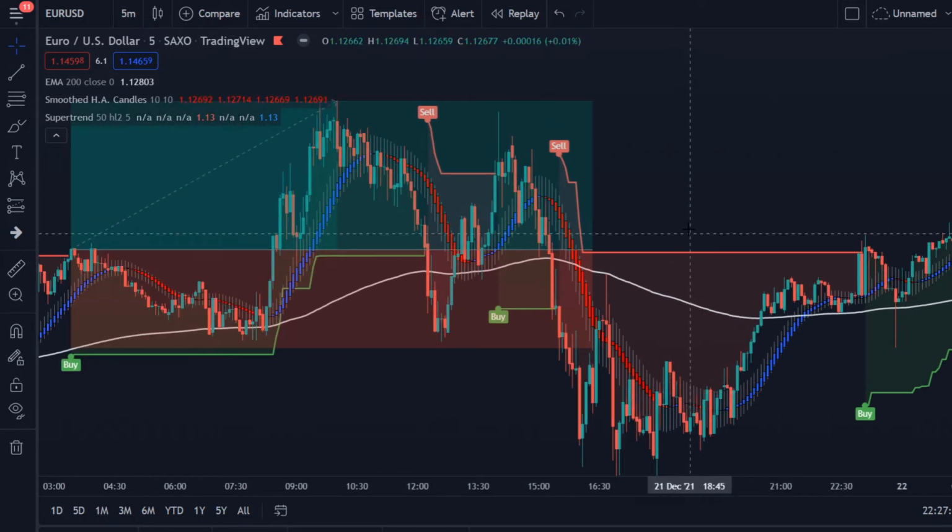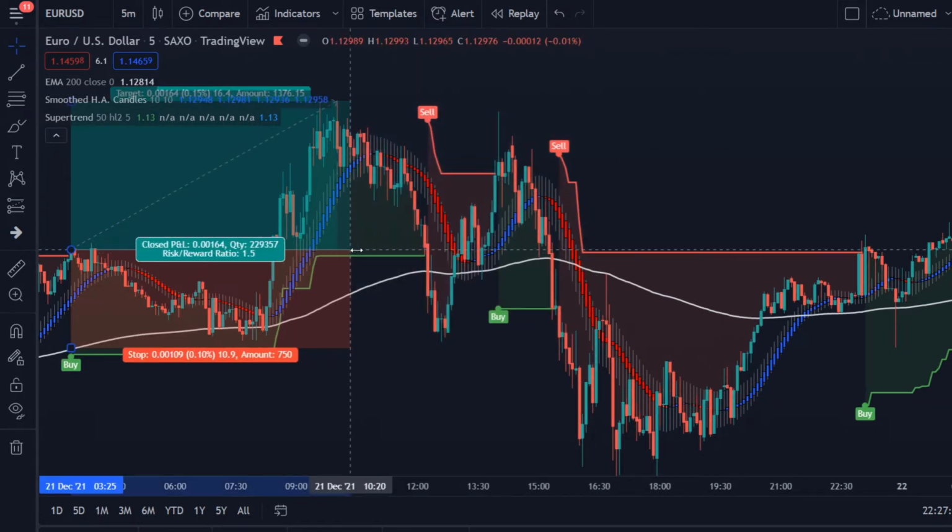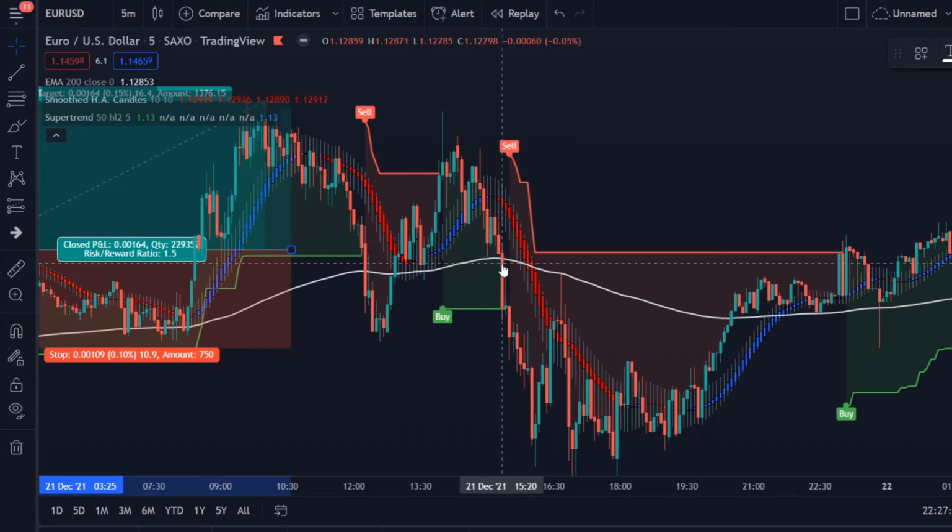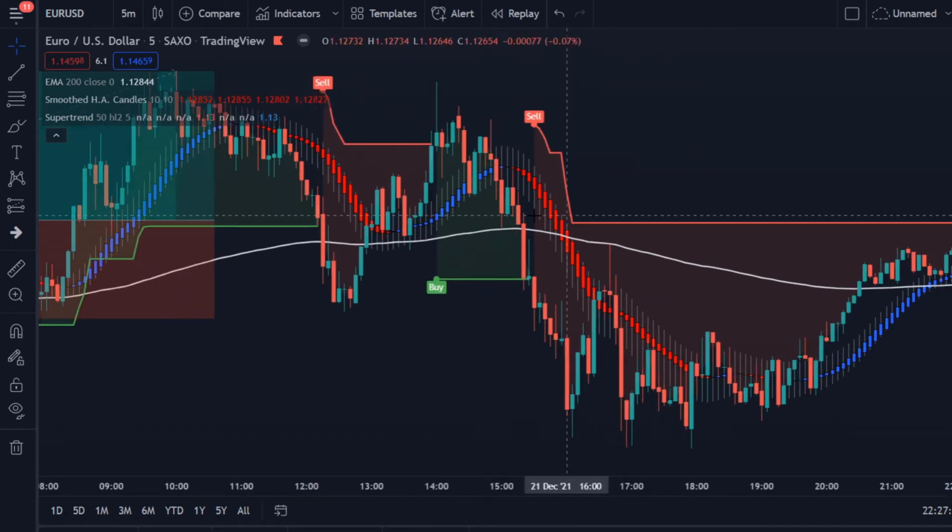Let me show you an example of a sell trade. Over here we see that the price is below the 200 exponential moving average. Then we also see our red candlesticks, the smoothed Heikin Ashi candlesticks. And we also see a sell signal over here.